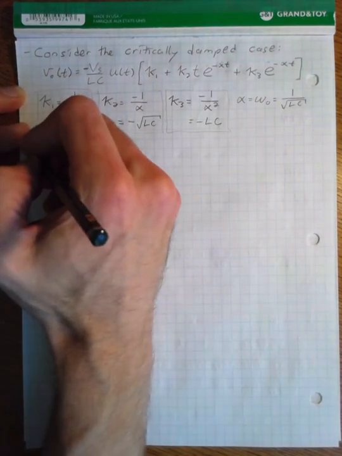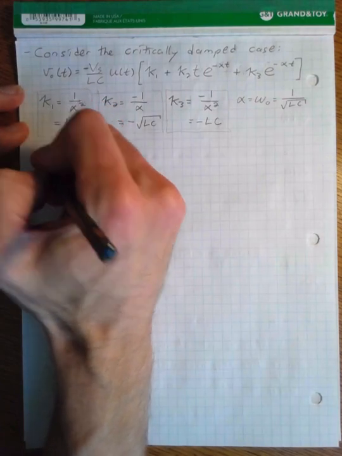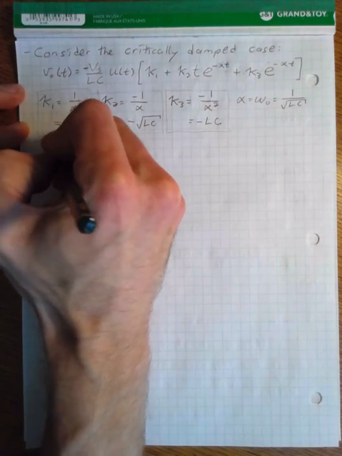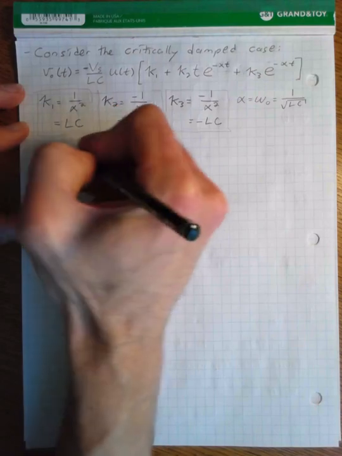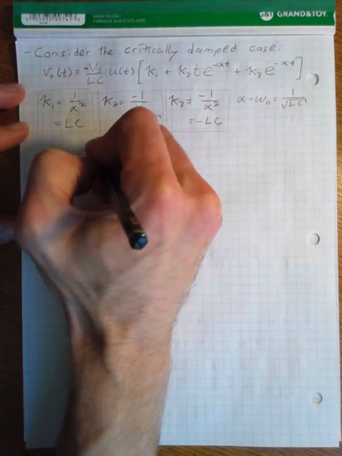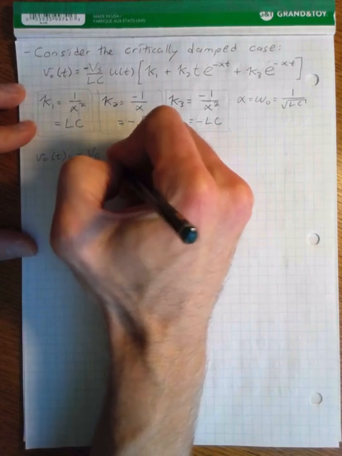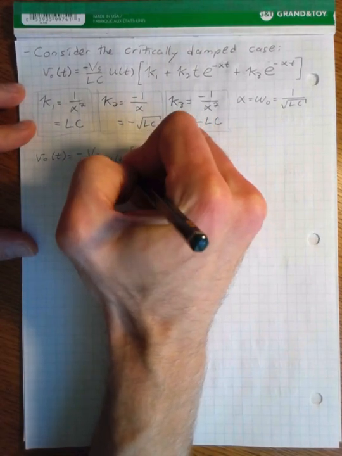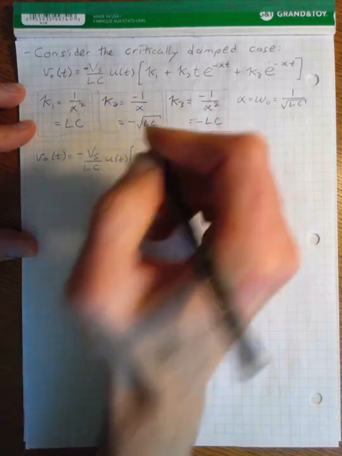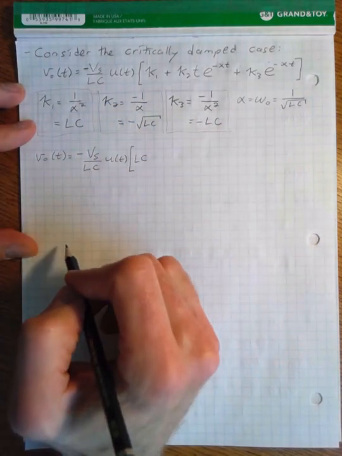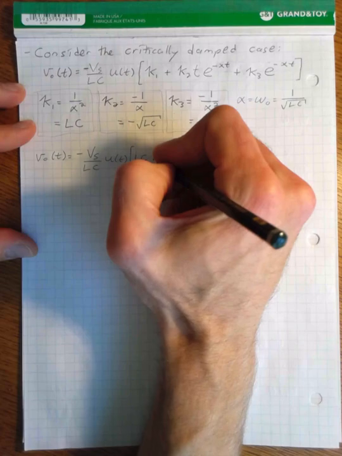And so if we put all this together, our output response to our negative step function, we've got LC, so you can see how the two terms are going to cancel right away.